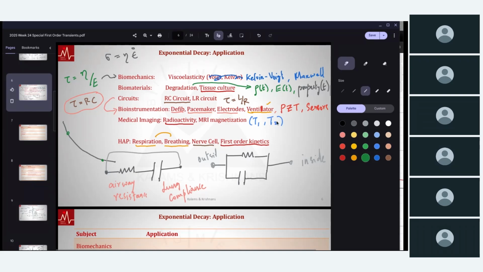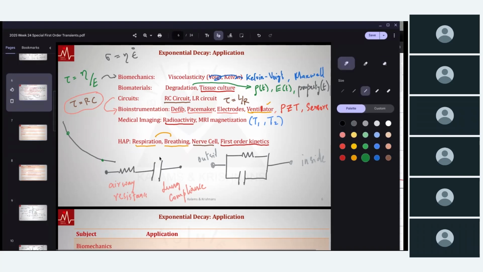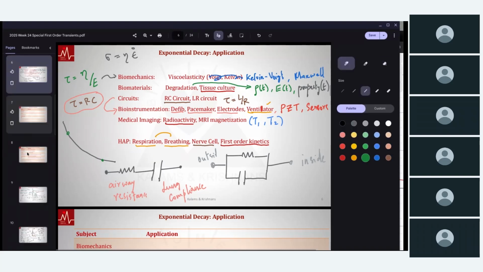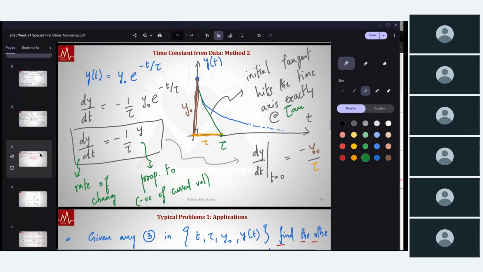When we say we have a forcing function, there is a voltage source there, and this voltage source need not be constant. It can be a time varying function. Notice the equation that I derived is dy by dt equals minus 1 by tau into y. I just took this term to the LHS. The RHS is 0, but you can have a non-zero RHS.